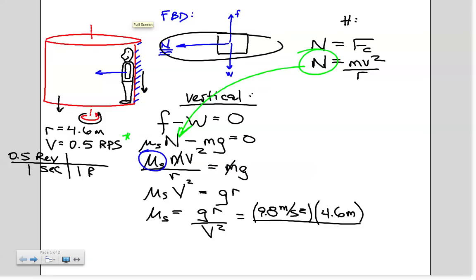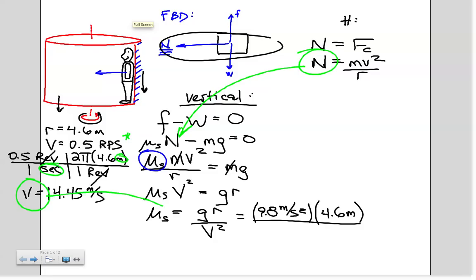And I know that 1 revolution can be converted to a linear distance by the equation 2 pi r, where r is equal to 4.6 meters. The revolutions will cancel out, and I'll be left with meters over seconds, which is really what I want. When I run that through the calculator, I get something on the order of about 14.5. I got 14.45 meters per second is equal to the velocity.